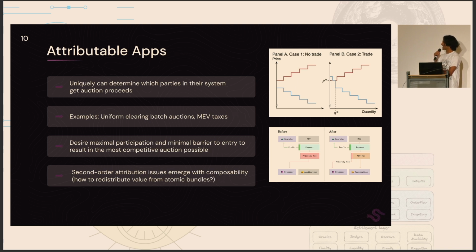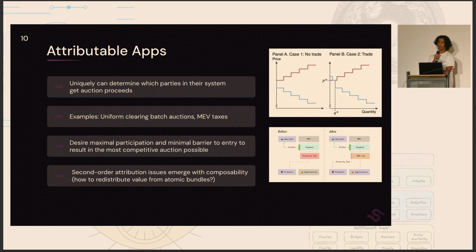So the idea would be in the case of an LVR mitigating application that you would impose a tax on the first transaction that goes through the pool, and you would bid this back pro rata to the LPs.